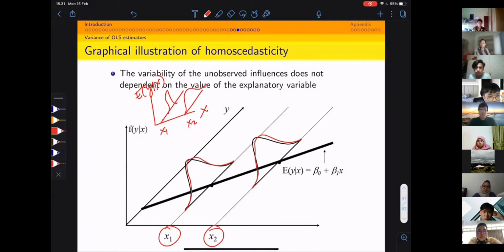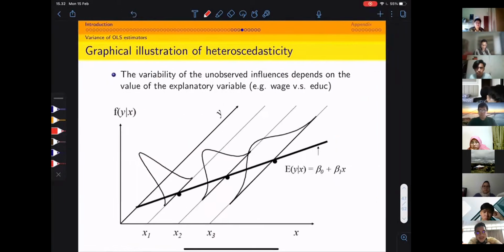This is a graphical illustration of the violation of the homoscedasticity assumption. In this case, we have what's called heteroscedasticity. For the sake of discussion, we're going to assume that we fulfill the homoscedasticity assumption, and later on we're going to discuss what we should do in the case of heteroscedasticity.